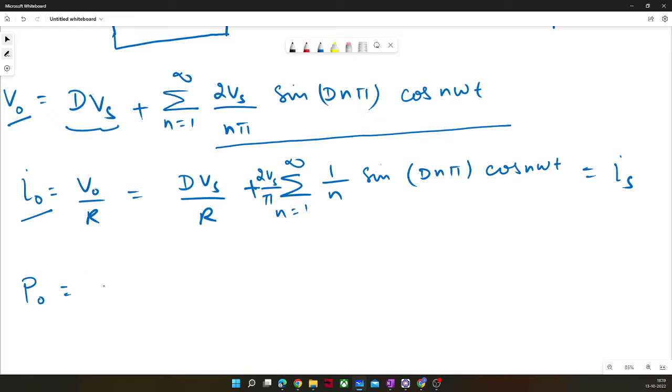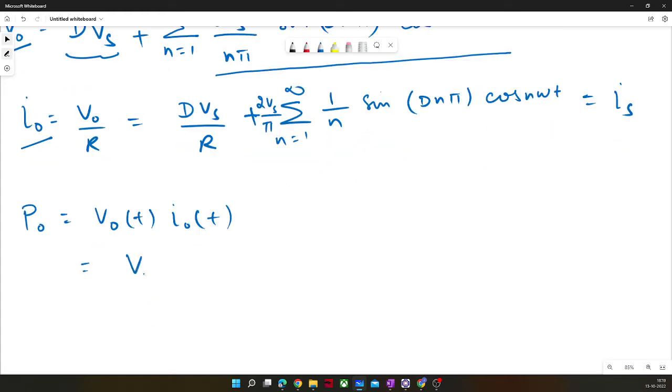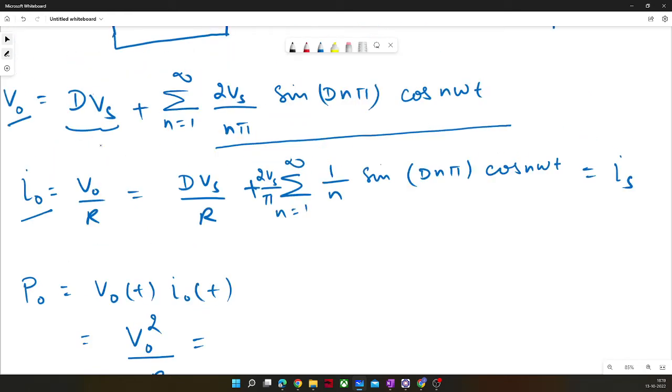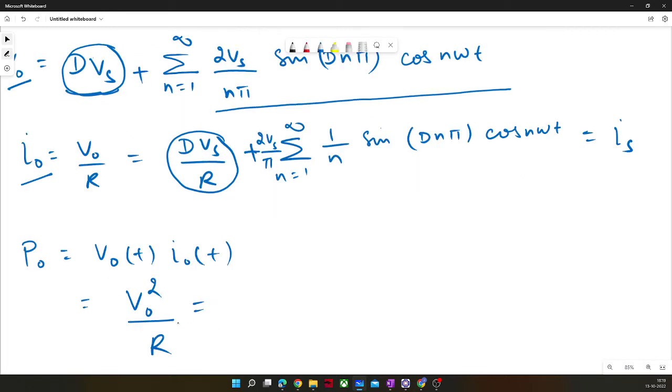For the sake of calculation, I am just going to write V naught(t) into I naught(t), and that will give you V naught square by R. If you multiply this term V naught with I naught, you will get this DC component multiplied with this DC component, and that will come out to be d square Vs square by R, right?